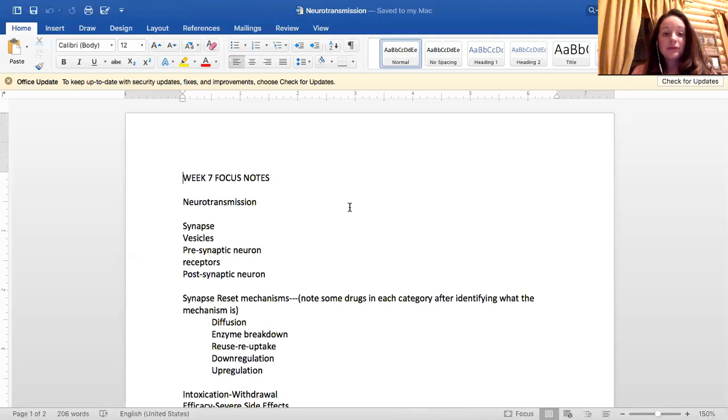So as you will know, this week is surrounding neurotransmission. One of the first things that you want to focus on are specific anatomy and physiology, pathophysiology that is involved with neurotransmission.